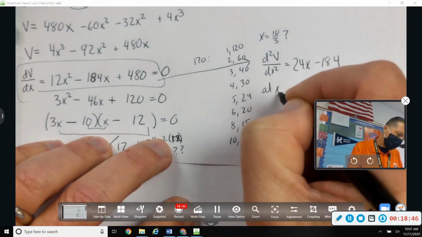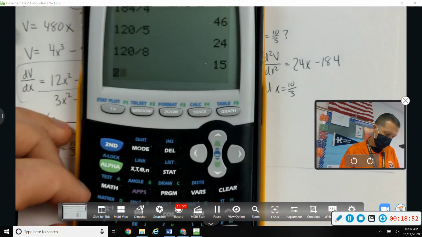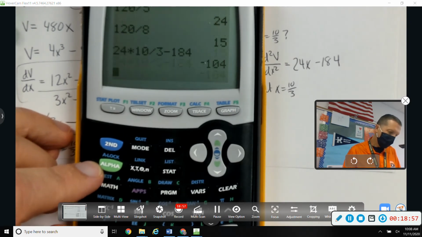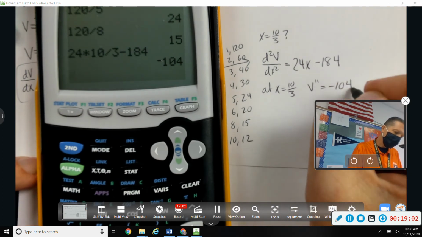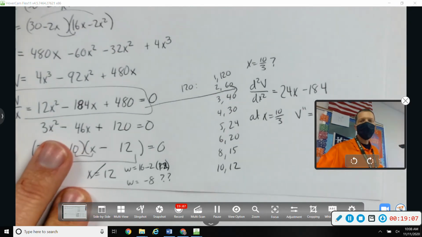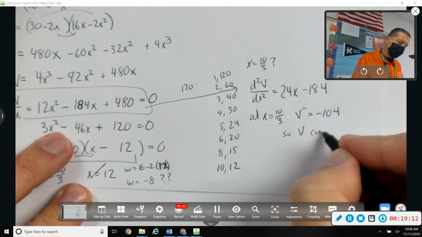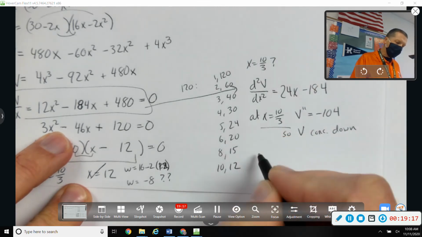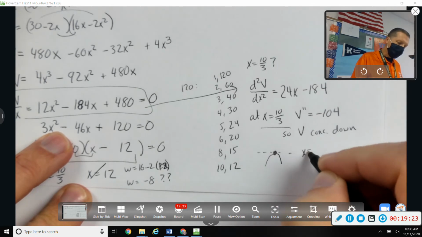So at x equals 10 thirds, grab a calculator. 24 times 10 thirds minus 184. The second derivative is negative 104. So what does that mean in terms of concavity? Concave down, or V is concave down. So at x equals 10 thirds, we've got a horizontal tangent line, but we're concave down. So x equals 10 thirds is a max.